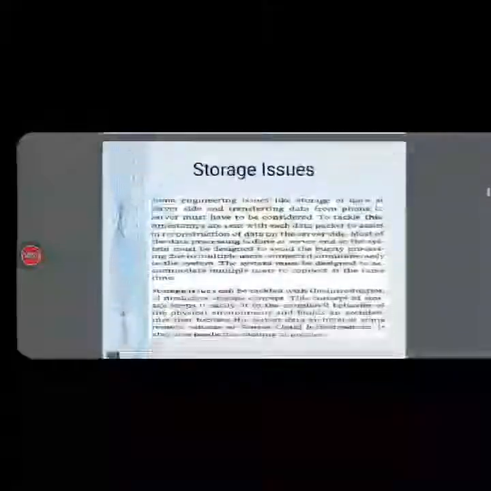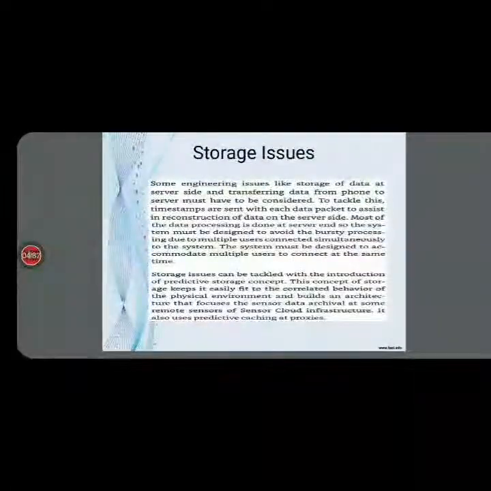Then the storage issue. It raises some engineering issues like storage of data at the server side and transferring data from phone to server, which must be considered. For example, a mobile phone has 64 GB internal memory.